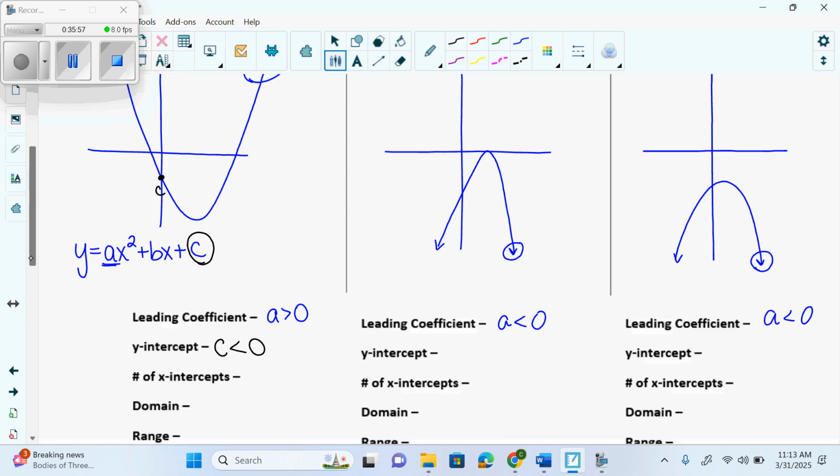This one? It's also less than 0. What can you tell me about the last one? Also less than 0. Okay. How many x-intercepts does this one have? 2. What about the middle one? 1, even though it kind of looks like 2. And then this one? 0.